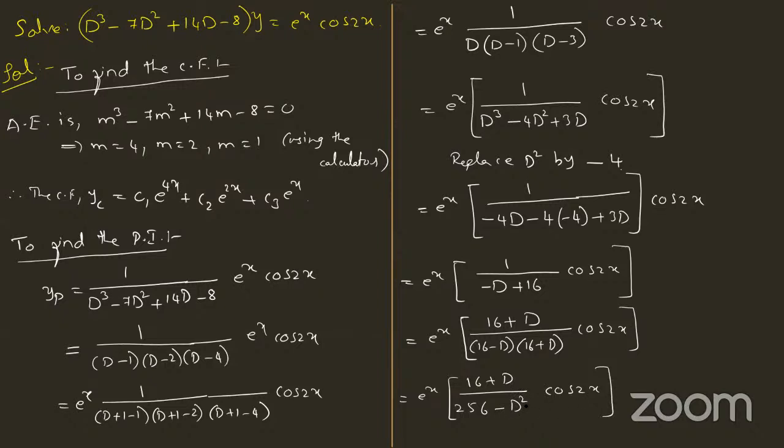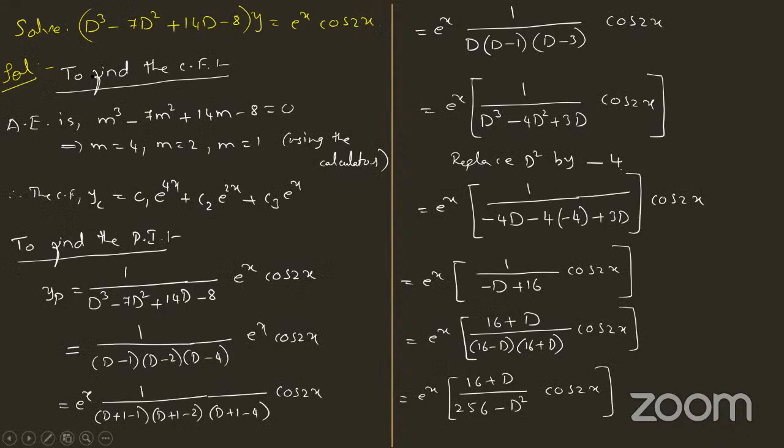So let me do that now in the next slide here. So it is e power x into 16 plus d in the numerator. And in the denominator, it is 256 minus d square. So in place of d square, now you're writing it as minus 4. And this you're operating on cos 2x.